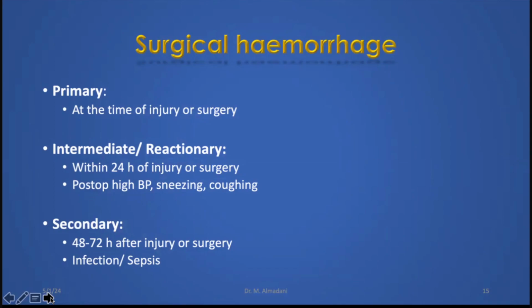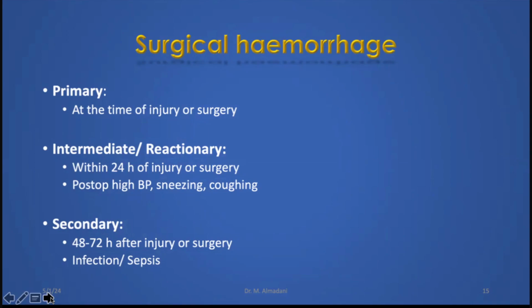But suppose that the patient is out of the operating room and within 24 hours of the surgery, due to high blood pressure, the patient was coughing or sneezing, then this is labeled as reactionary or intermediate. A good example for that is if the patient gets a total thyroidectomy, and after that, for sure, we as surgeons need to ensure the hemostasis.